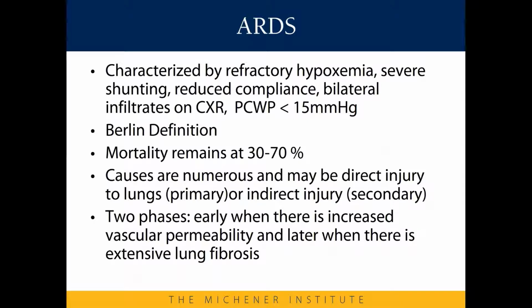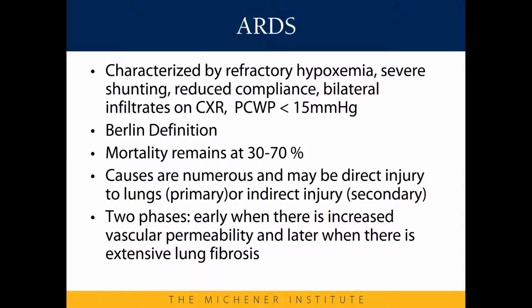They're having severe shunting so that their gas exchange is compromised. We know they have a reduced compliance, so their lungs are stiffer and harder to ventilate. We also see on chest x-ray that there are bilateral infiltrates.